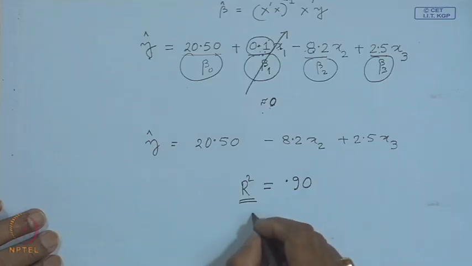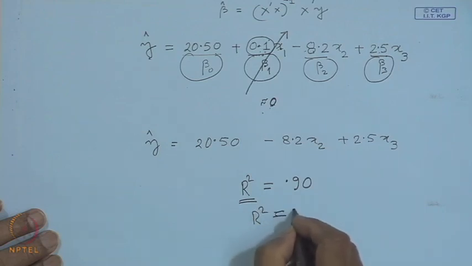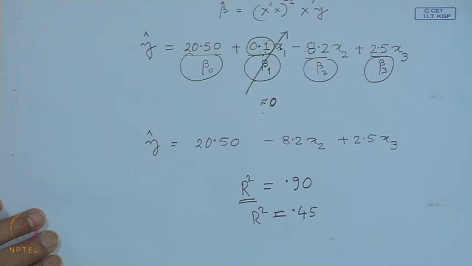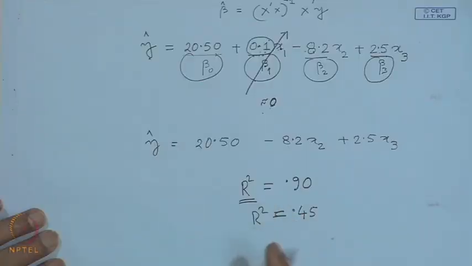Whereas, if the R square value had been only 0.45, it would have meant that only 45% of the variation in the value of y is explained by the regression equation. So, this is the connotation of these two statistics. Instead of writing R square, as I told you, we should normally go for some sort of adjustment to indicate how far redundant variables have been added to our list of independent variables.